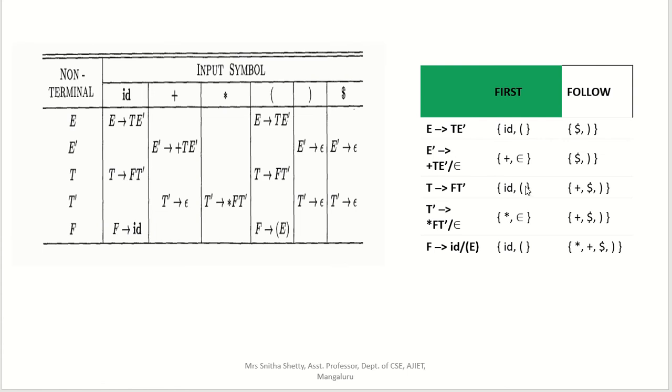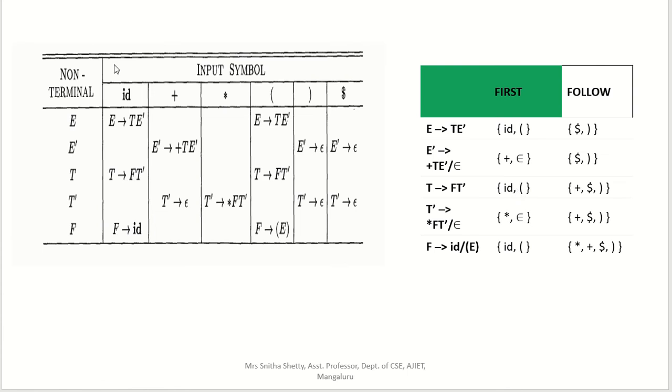First of T is id comma open parenthesis. So you can place this E gives T E dash under id, and again you can place this E gives T E dash under open parenthesis.